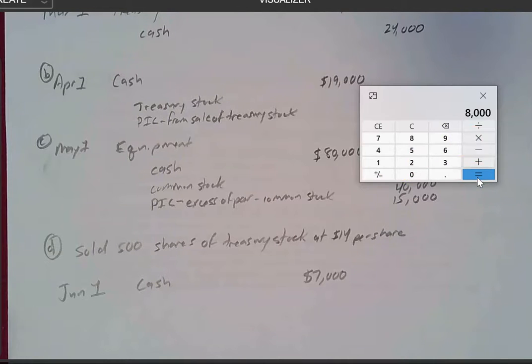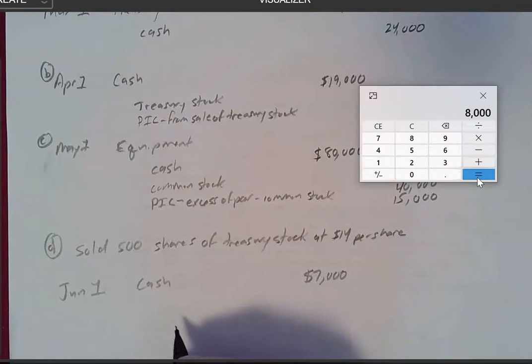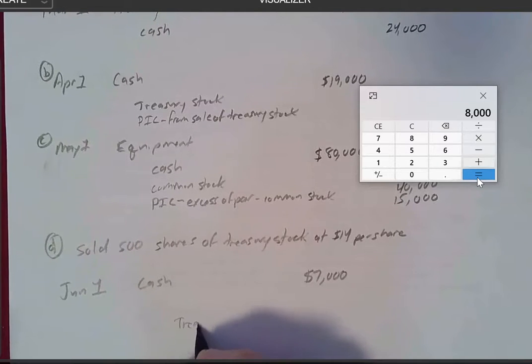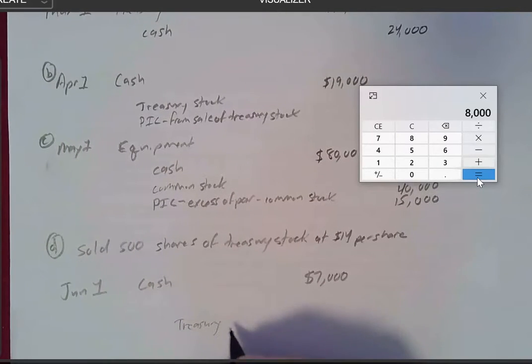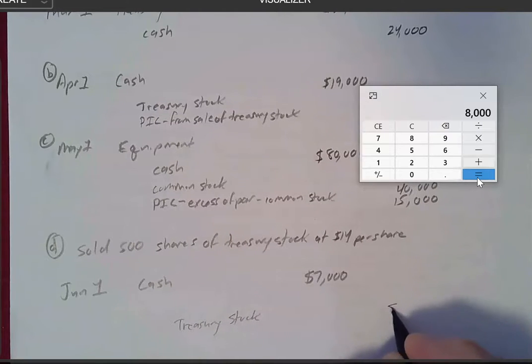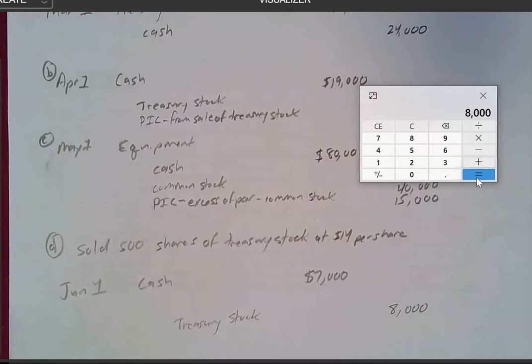So that's $8,000. So what we're going to do is I'm going to drop down a little bit here to credit Treasury stock for $8,000. So essentially what we have here is we're going to reduce paid in capital.